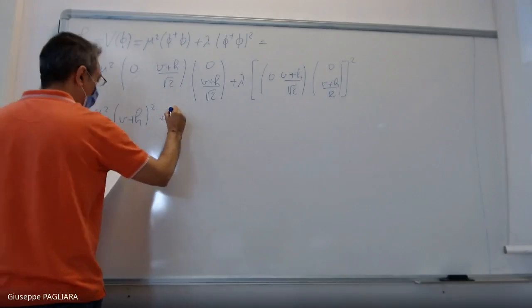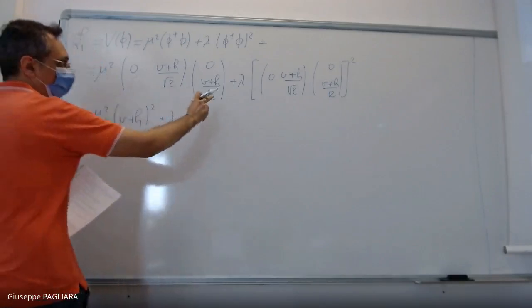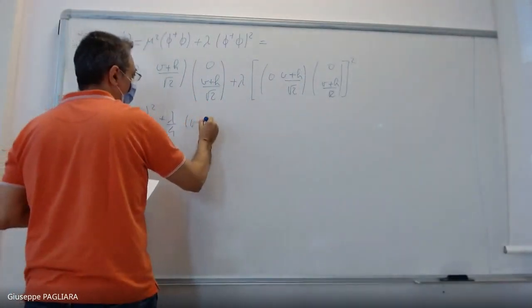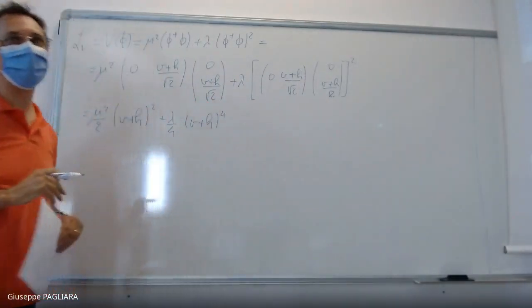And similarly here we have lambda times the fourth power, which is 2 squared, so divided by 4, and then we have (v plus h) to the 4th power.